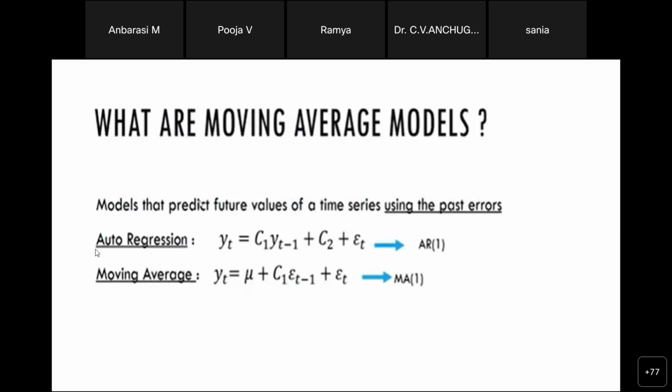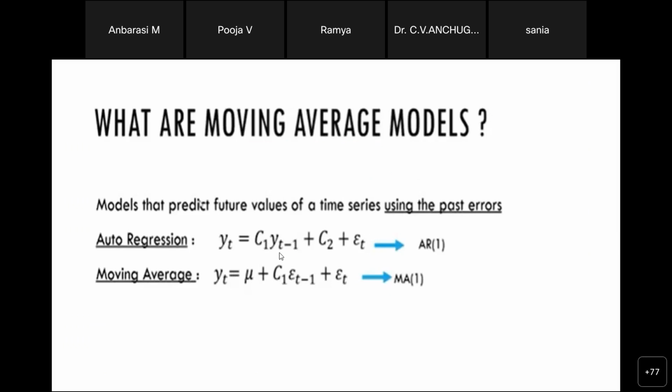In the moving average, we have a mean value, plus a constant multiplied with the previous error data, and then the current error term also. Based on that, we calculate y. So this is the difference between the autoregressive and the moving average models.